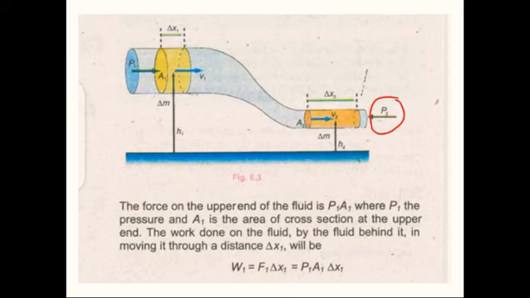P2 is the pressure exerted on the fluid inside this pipe. One important thing is that here we take the pressure that is exerted on the fluid inside the pipe.